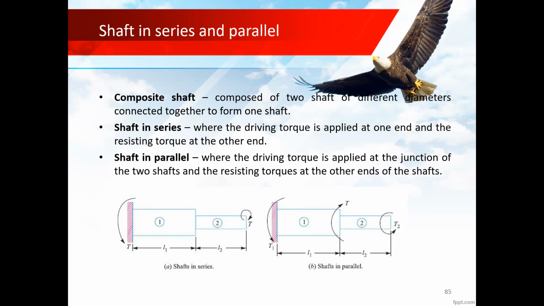Shaft in series is where the driving torque is applied at one end and the resisting torque at the other end, like in figure A. Shaft in parallel is where the driving torque is applied at the junction of the two shafts and the resisting torque at the other end of the shafts. Here in series, the deflection, the angular twist, adds up, so it totals. In parallel, the angle of twist is equal for both.